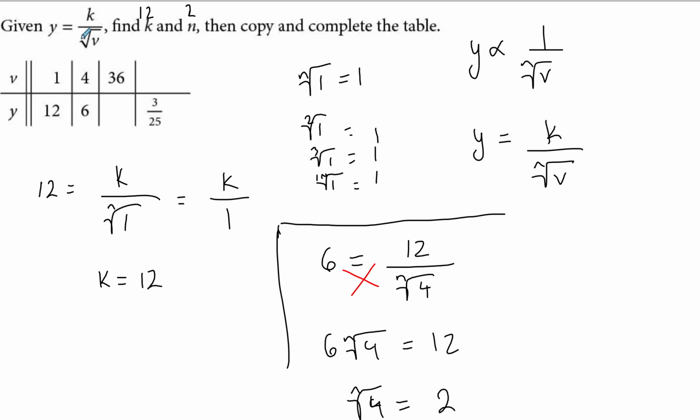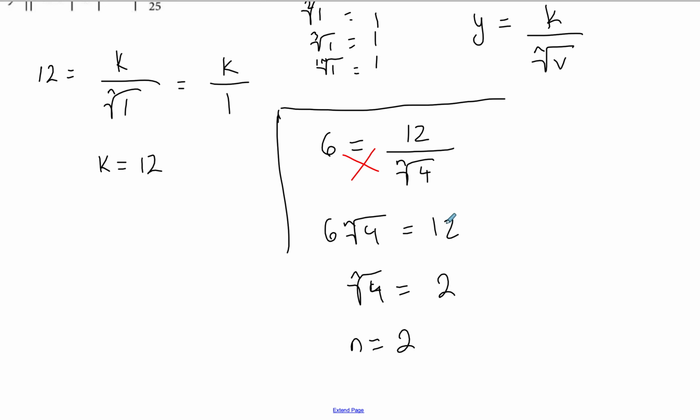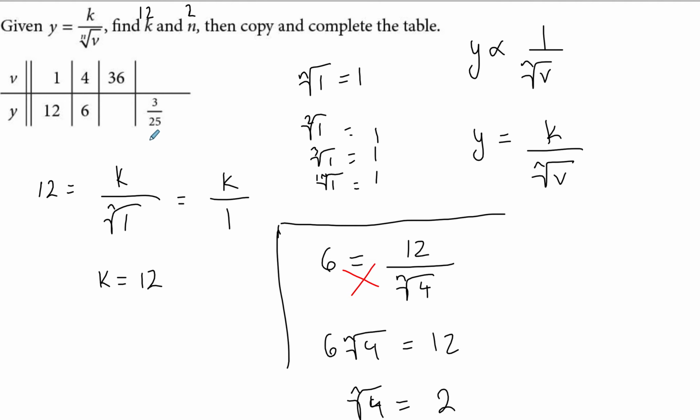When it comes to things like the nth root or the nth power, for an IG level, they wouldn't actually give you something too complicated. So you would eventually be able to find it. There's no simultaneous equations or anything that you'd have to do. So now that you have the values, you can actually find the y if v is equal to 36. You can try the substitution on your own.